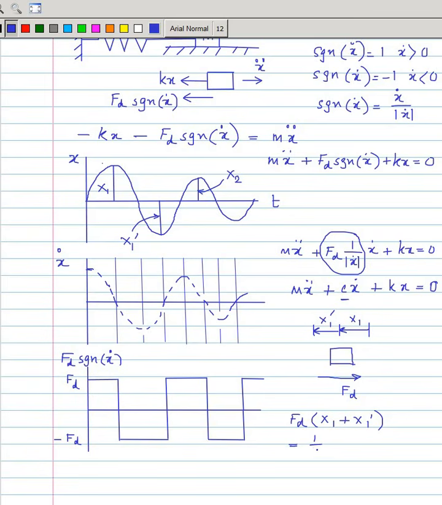So what is the loss of potential energy? Half k, x1 square minus x1 dashed square. So x1 minus x1 dashed is equal to twice fd by k.